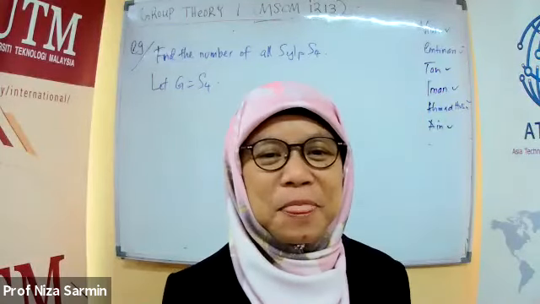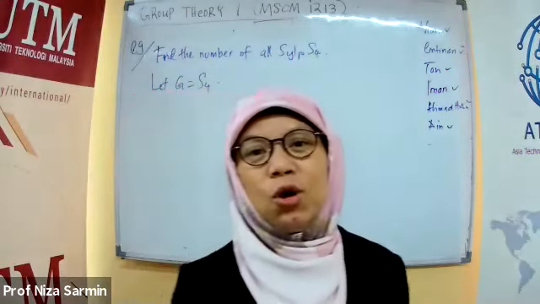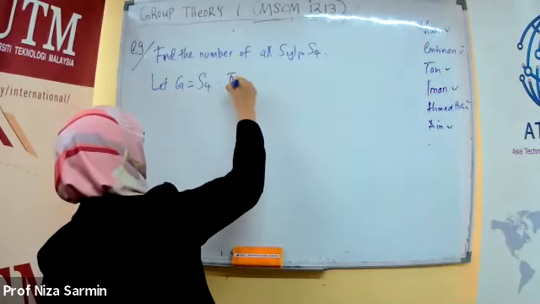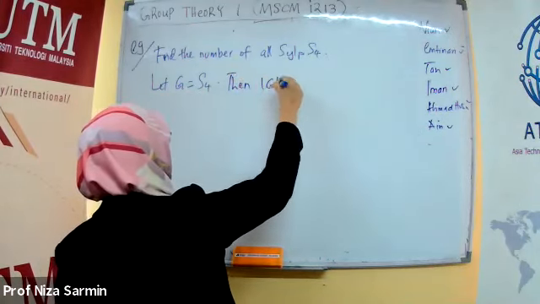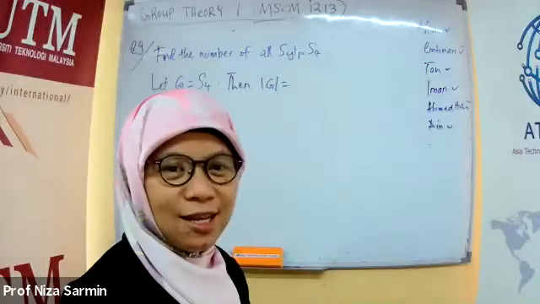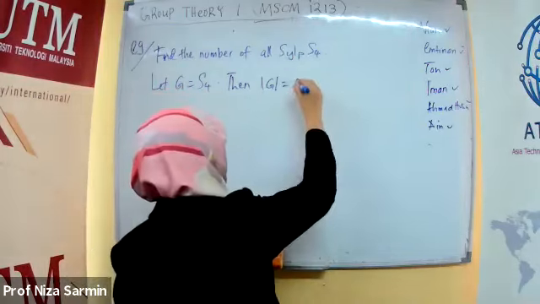I'm fine, Prof. Okay, so tell me what is the order of S4? I think the order of S4 is 4 factorial. Don't say you think. You are sure? Okay, I'm sure. 24.